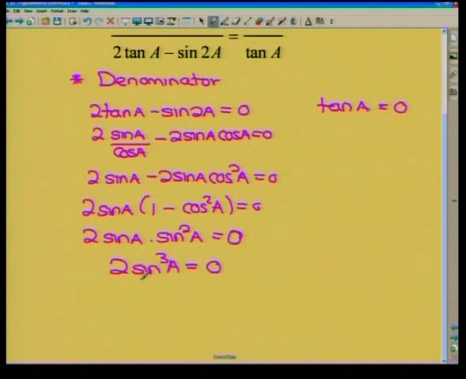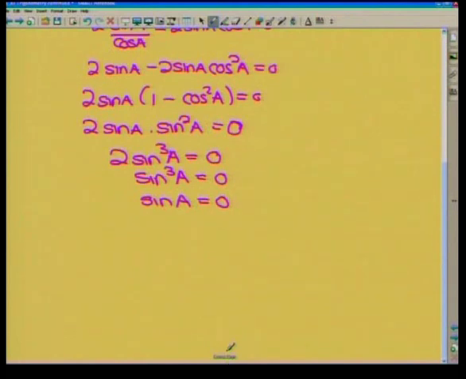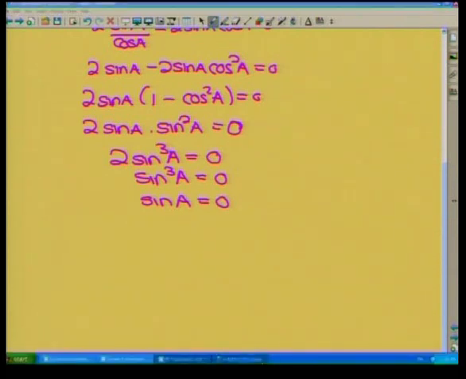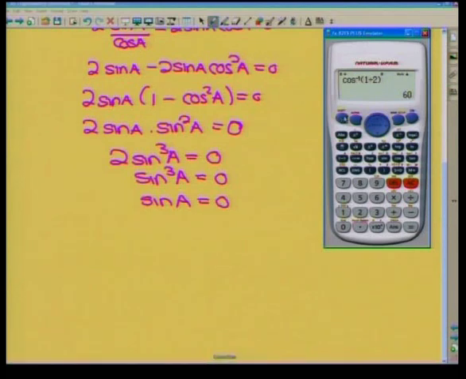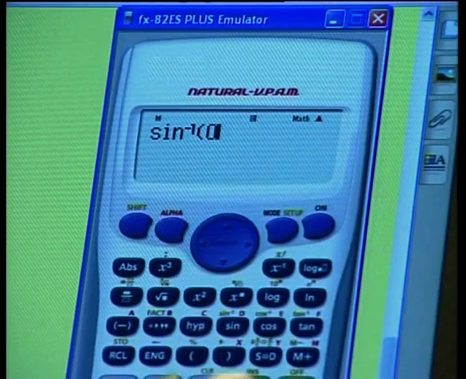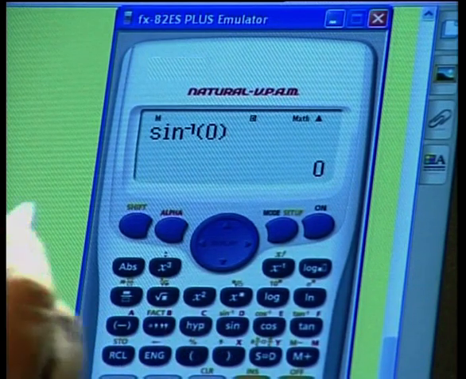Right, now if that's so, do you agree with me? I could divide both sides by 2, and I would get that. And I can cube root both sides, so in actual fact, all I'm interested in is that sin A equals 0. So now all I would do is, using our calculator, we could actually use special angles, but let's get some practice on the calculator. So it's shift sine 0, close the brackets, equals 0 degrees.